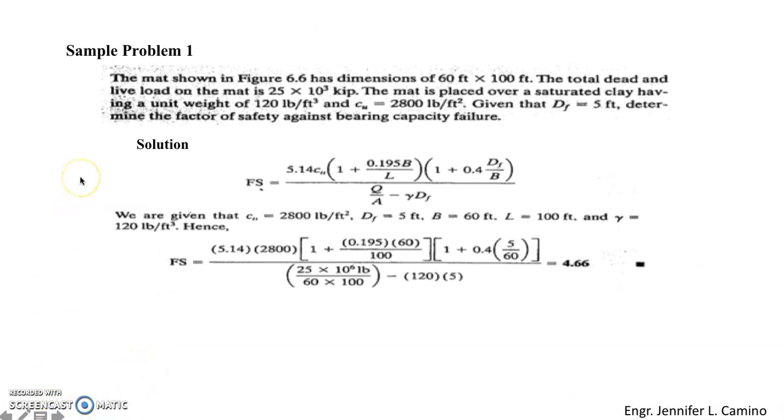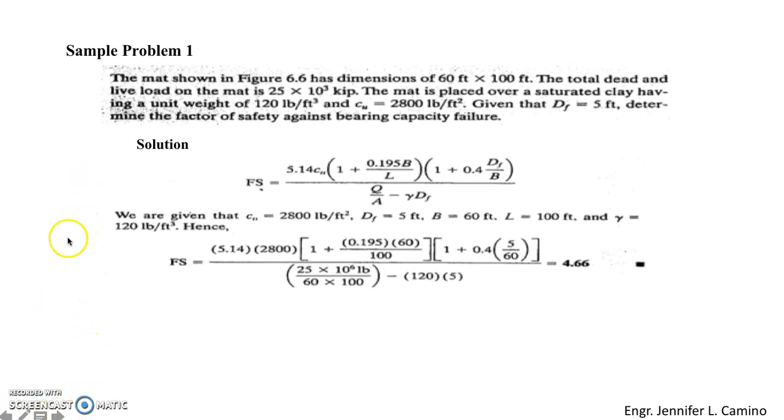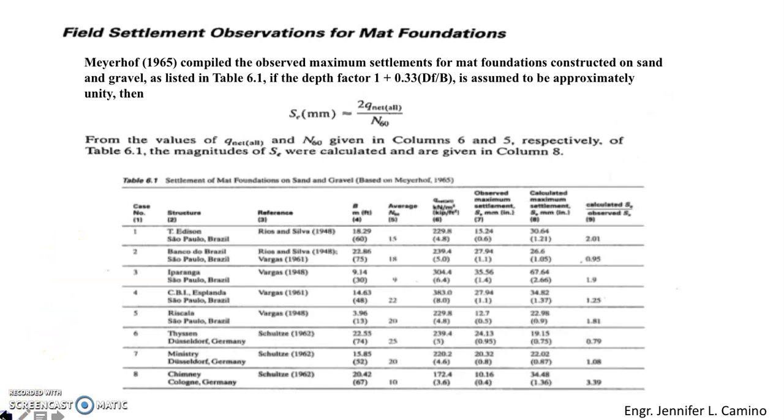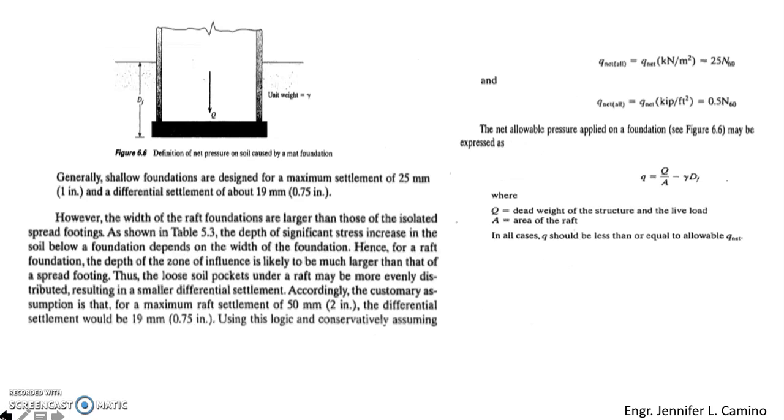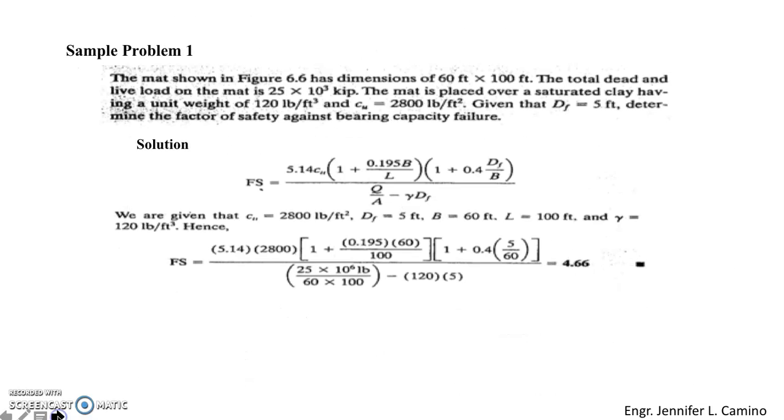So you have here a sample problem related to the compensated foundation. The mat foundation shown in the figure for sample number 1 has a dimension of 60 feet by 100 feet.